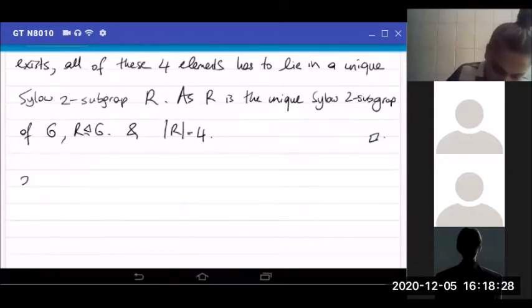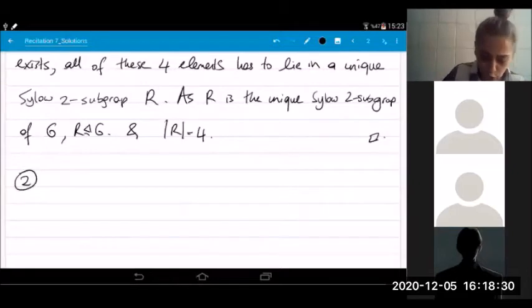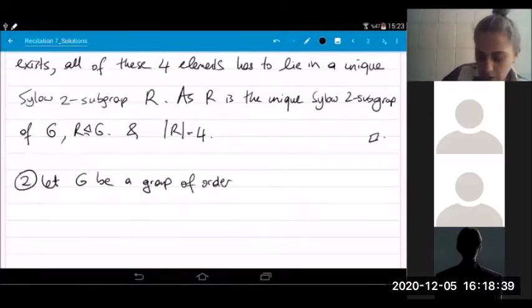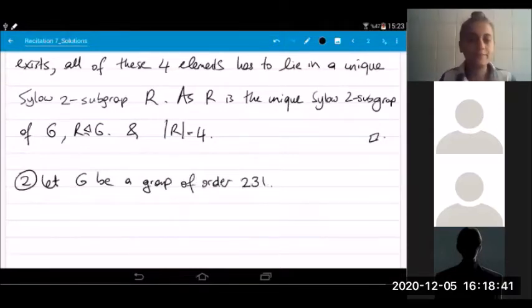The second question. Let G be a group of order 231.